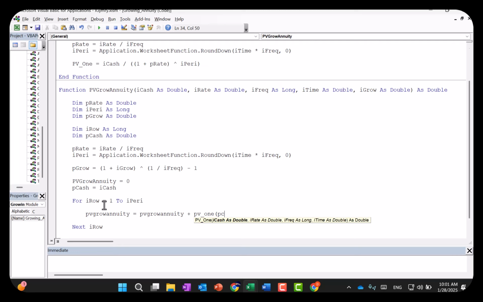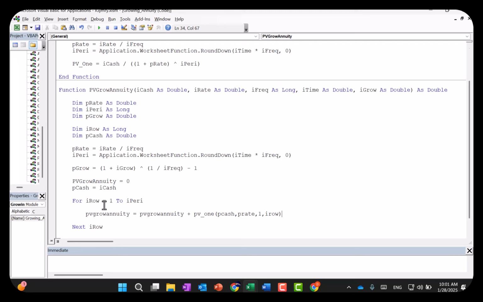My iCache is Pcache. I already have the period rate, so I'm going to do P rate. My iFreak is 1, okay? And iTime is IRO.